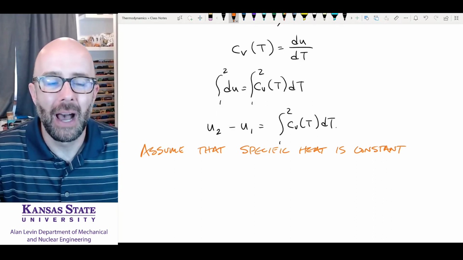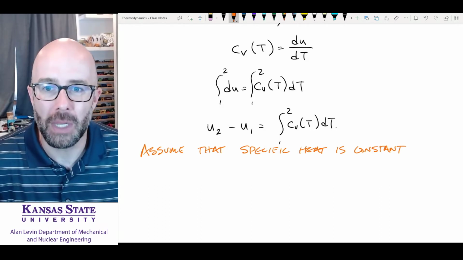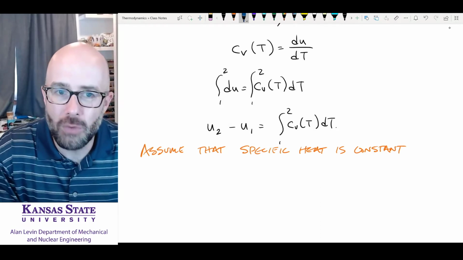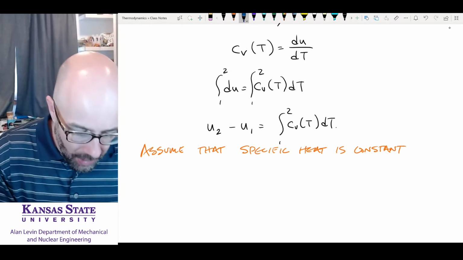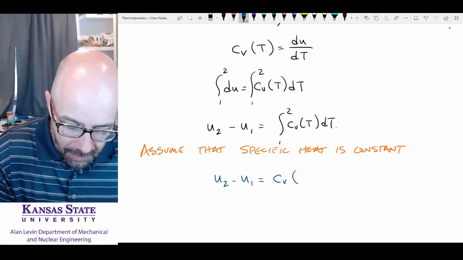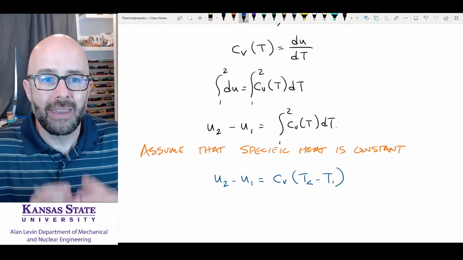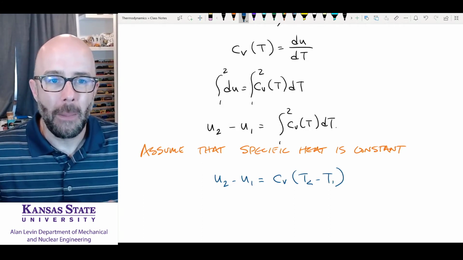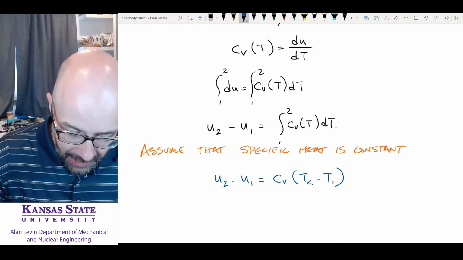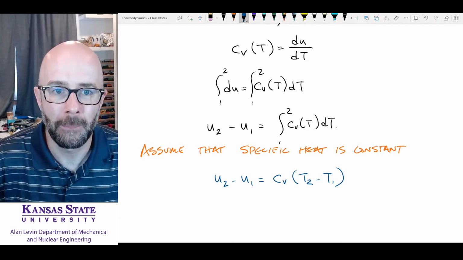I think we looked at that a little bit in the back of our book. So if we assume the specific heat is constant, C sub V can be moved outside of the integral, and you get U2 minus U1 equal to C sub V times T2 minus T1. We can calculate the change in internal energy with a constant specific heat times delta T, and get a pretty good estimation of our change in internal energy.